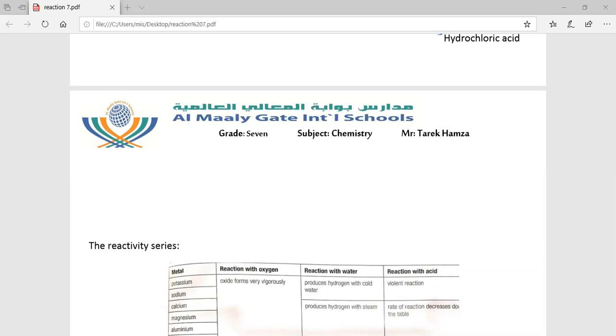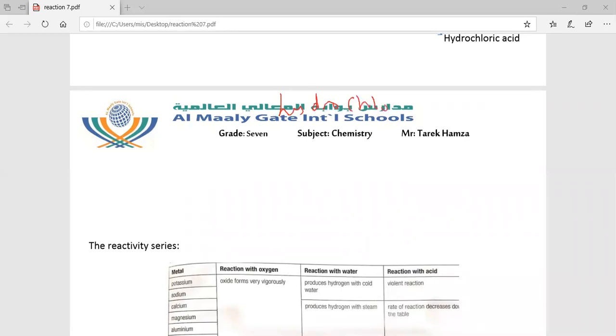When the metal reacts with acid, this produces metal chloride and hydrogen gas. The example here of an acid is hydrochloric acid, which is used to identify the reaction of metal.